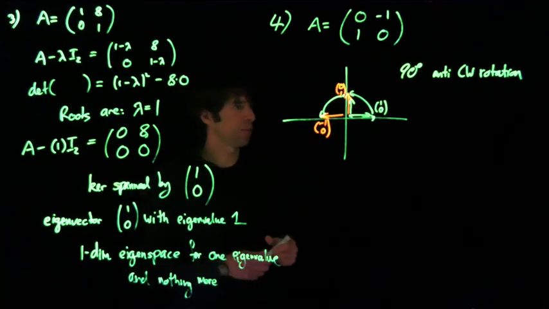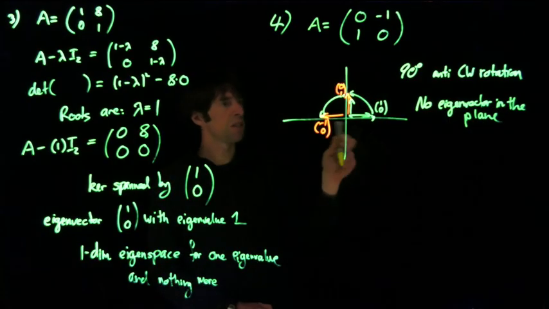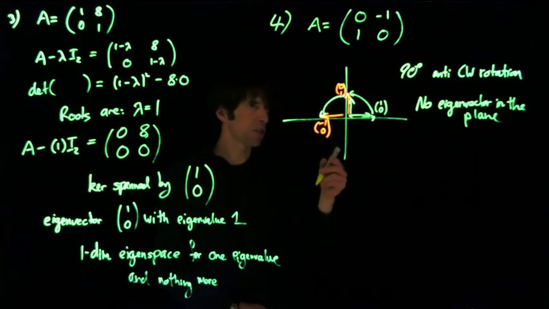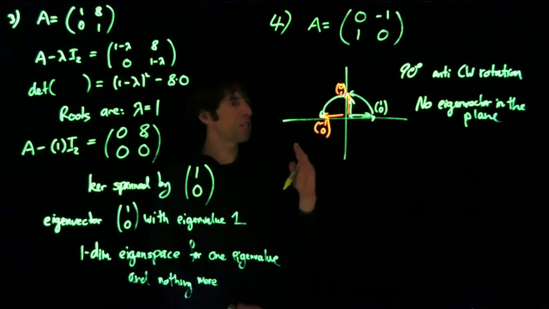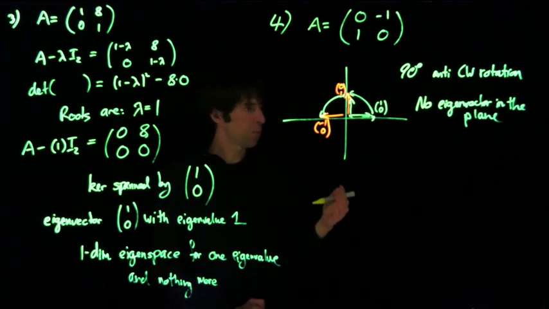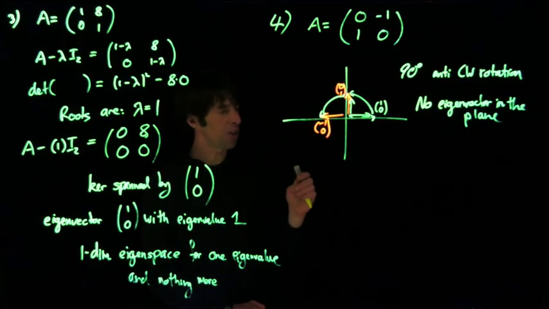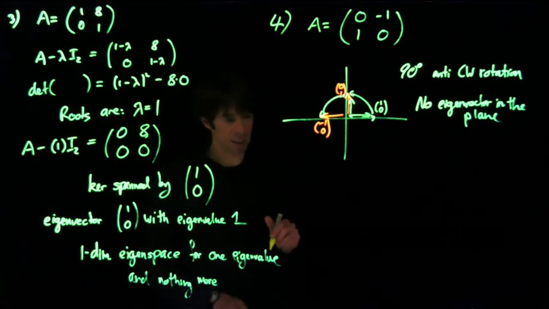There's no eigenvector in the plane, because any vector is getting rotated to a perpendicular direction. There's no way that A times that vector, a 90-degree rotation of that vector, is a scalar multiple of that vector. There's no way that a vector and something orthogonal to it are both pointing in the same direction. So it looks like there are no eigenvectors.